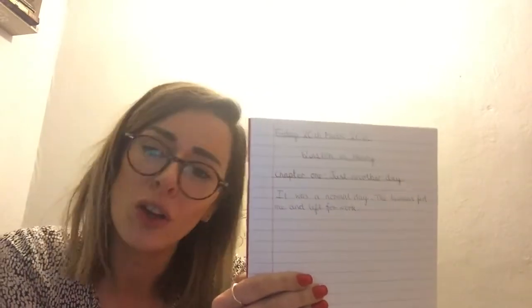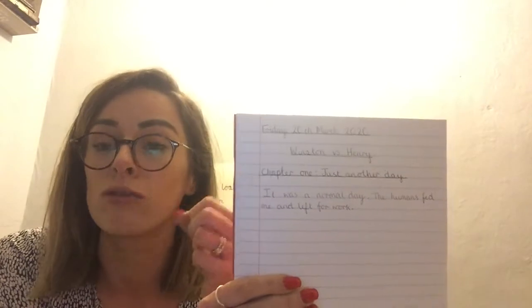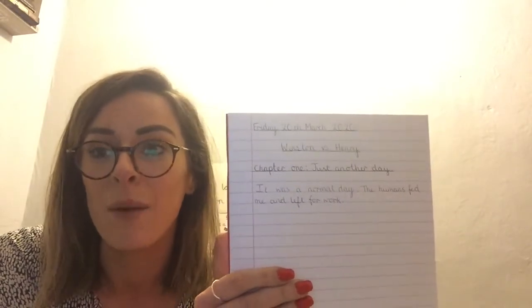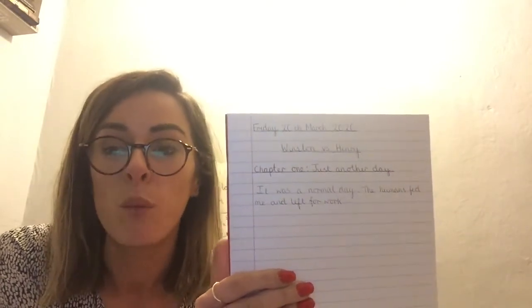Now, there are lots of different ways that you can start a story, and what I think is really interesting is to start in a way that's going to grab your reader's attention. You can do that using speech. If you are really confident with speech punctuation, absolutely go for that. What I am going to do in my particular story is start with a really short sentence.